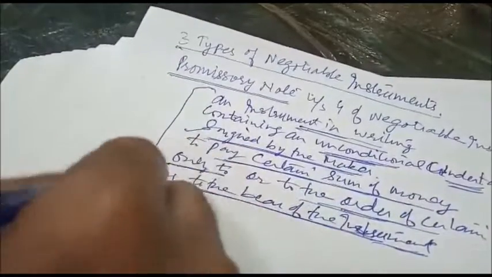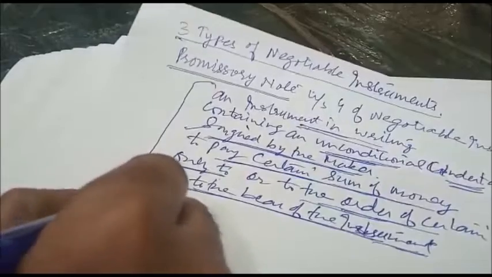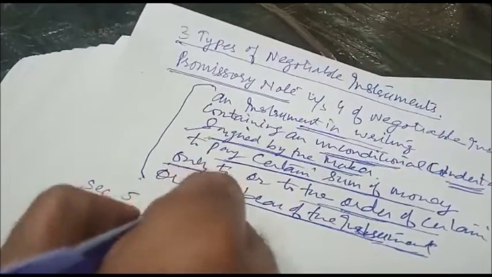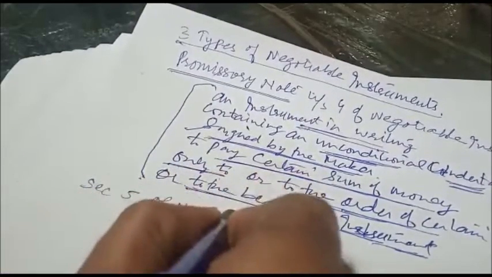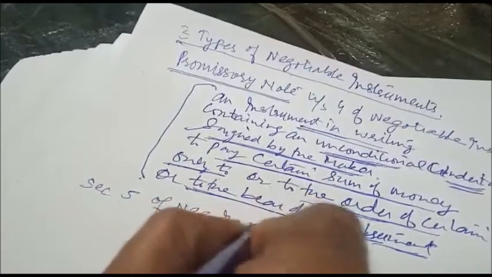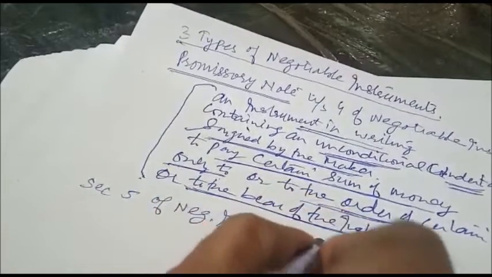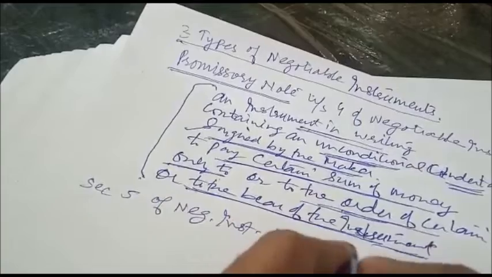Now next, Section 5 of the Negotiable Instruments Act 1881 defines a bill of exchange.